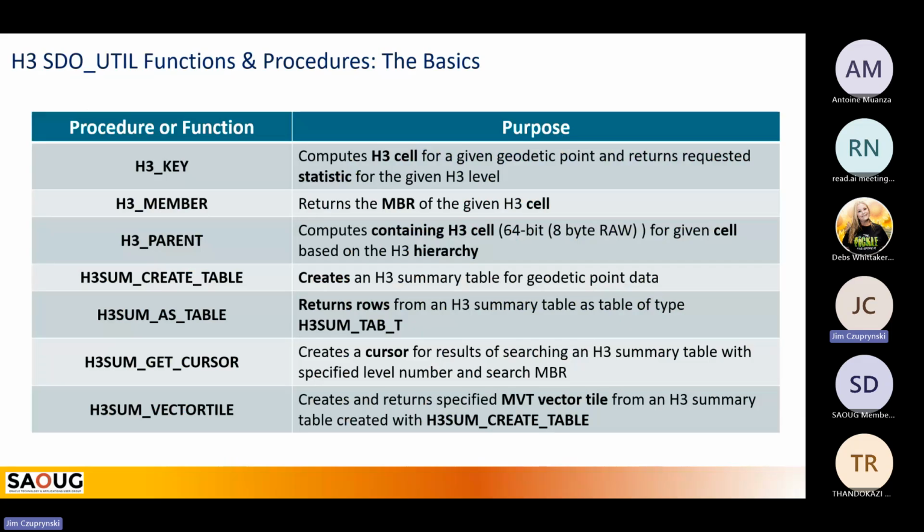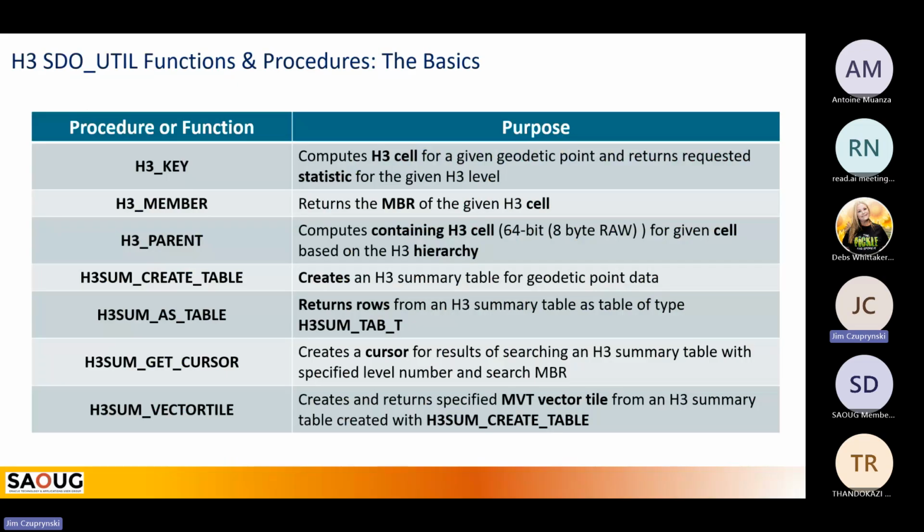Now, what is the whole point of H3? It's really aggregation. And we're going to get to that in just a minute. I can create a table called a summary table and then return rows from that summary table and get a vector tile from that summary table. And again, remember, aggregation, not necessarily individual points.